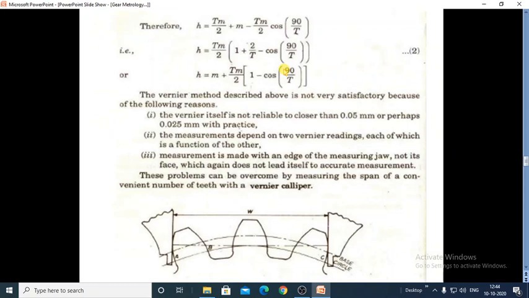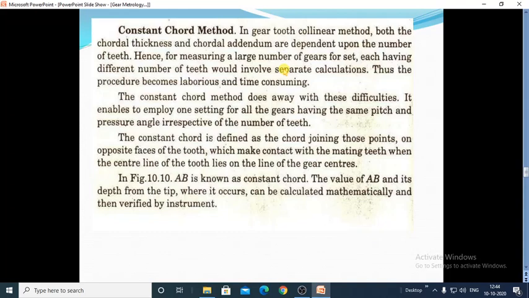Now let us see the constant chord method. In the gear tooth caliper method, both the chordal thickness and chordal addendum are dependent upon the number of teeth.